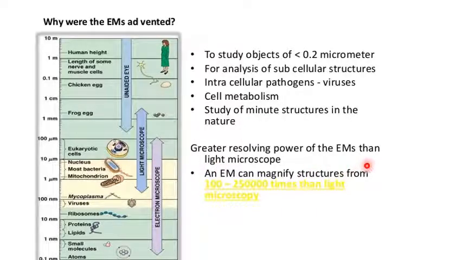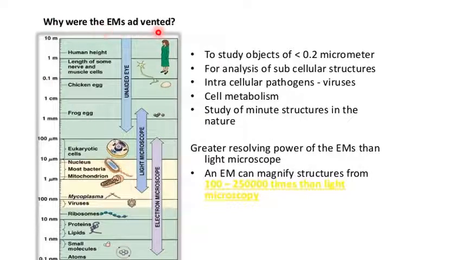Greater resolving power of electron microscope than light microscope. An ordinary light microscope has very little resolving power. Electron microscope has very high resolving power. An electron microscope can magnify the structure from 100 to 250,000 times, more than an ordinary light microscope.